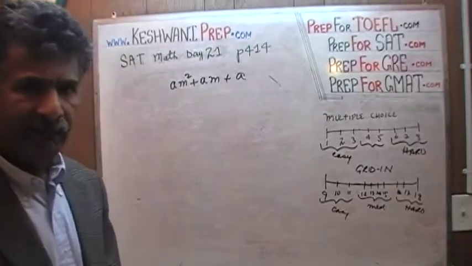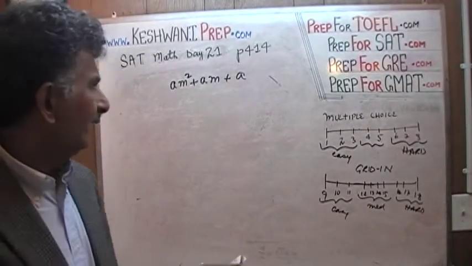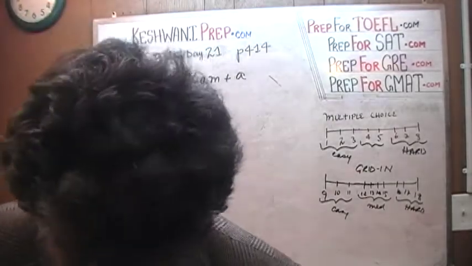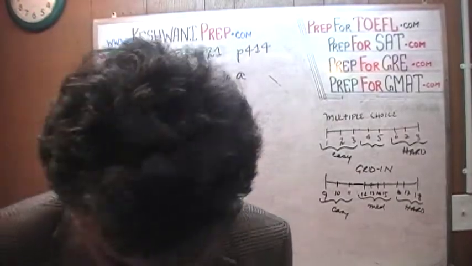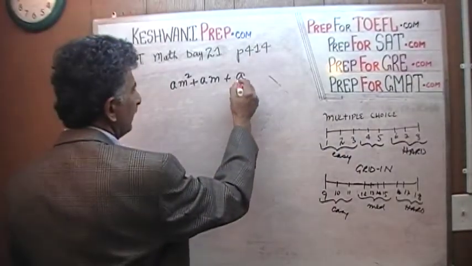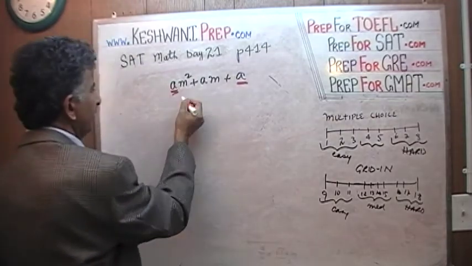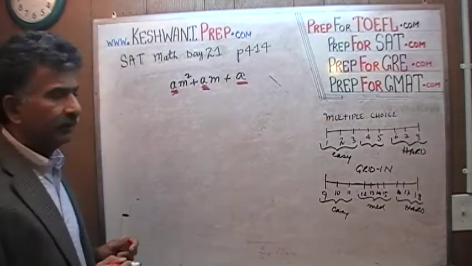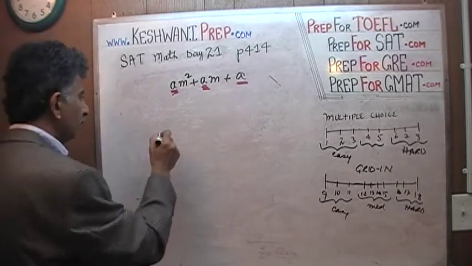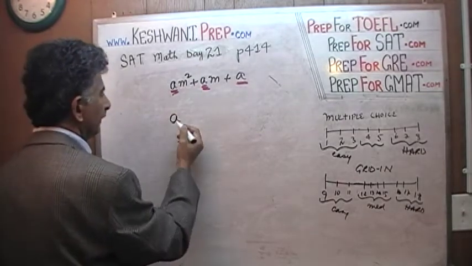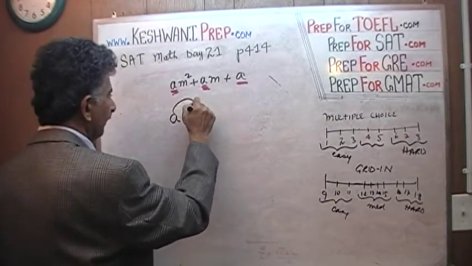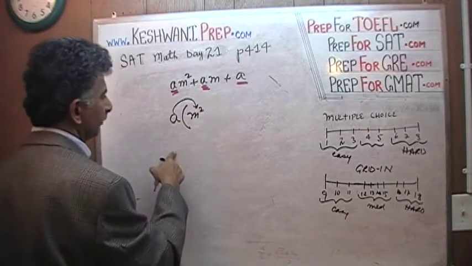Now before we worry about the fact that a equals 4, let's first simplify this, shall we? Do you see anything here that we can take out common? I see a in the first term, I see a in the second term, I see a in the last term. Let's take out a common. If we take out a as a common factor, in the first term we are left with m squared, because a times m squared will give us am squared.